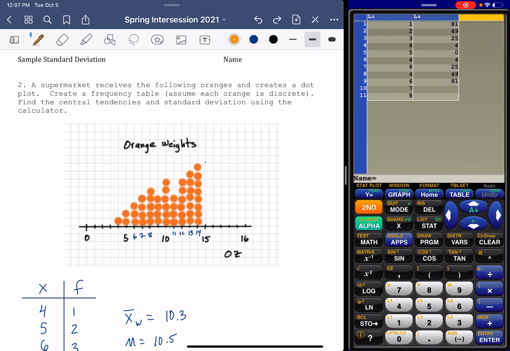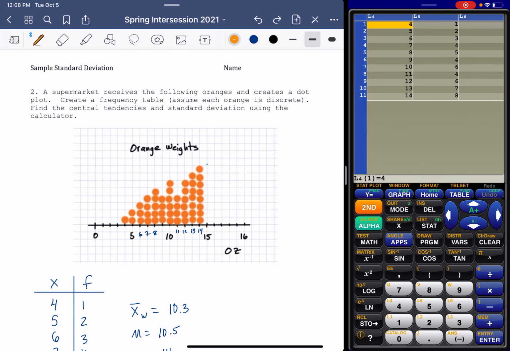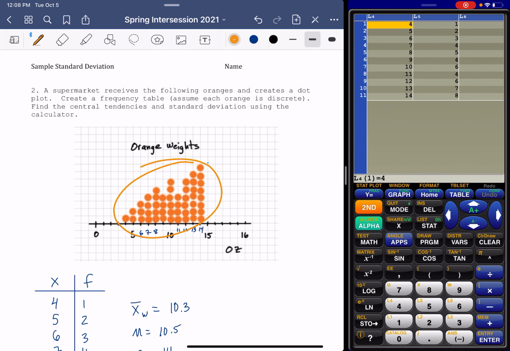They're in L4 and L5. Let's erase L6 over here. I'm going to clear, not delete. Enter. L4 and L5.